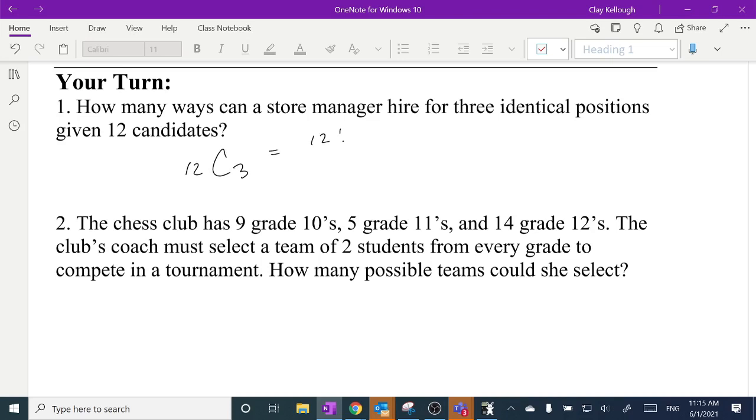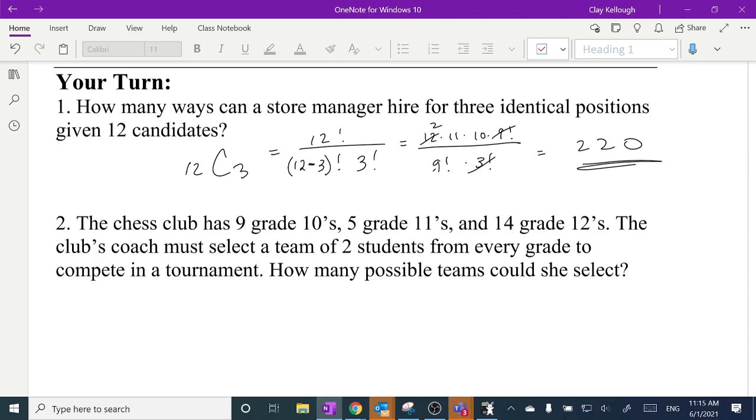But that's 12 factorial over 12 minus 3 factorial, 3 factorial, which is 12 times 11 times 10 times 9 factorial over 9 factorial times 3 factorial. Those cancel. 3 factorial is 6. So 6 goes into 12 twice. And I'm looking at 22 times 10, which is 220. Okay, so that's definitely the kind.